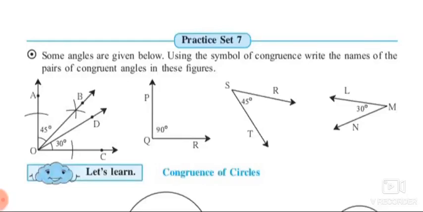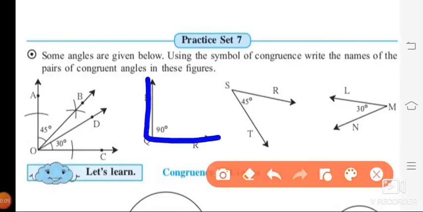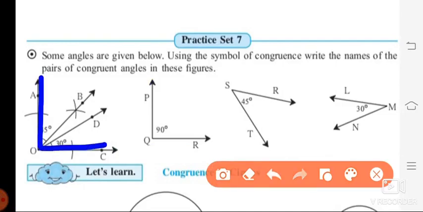Next, so we have written our first pair. Now we will compare the first angle with the other 3 and check. So see here in this, do we have 90 degrees and this one 90 degrees? Yes. So what is their name? See, angle AOC is congruent to angle PQR.